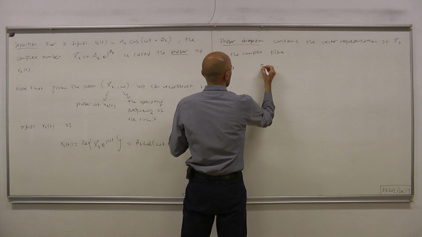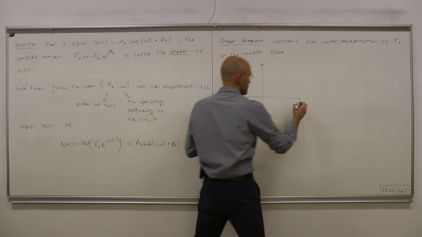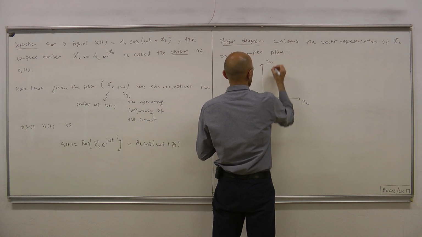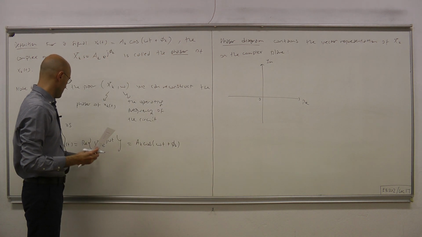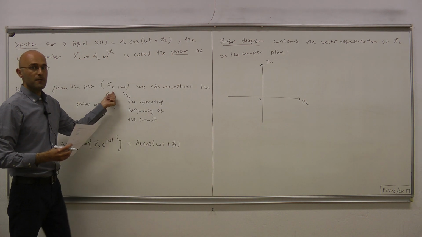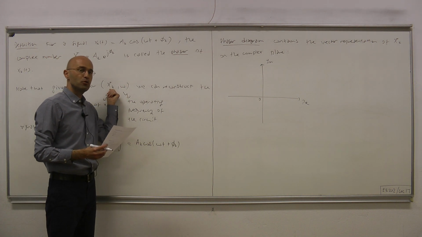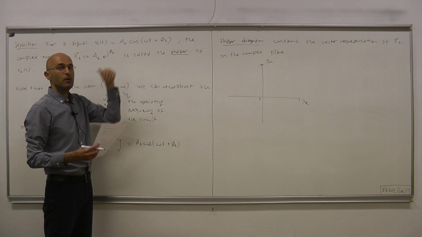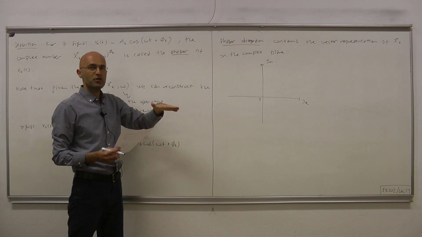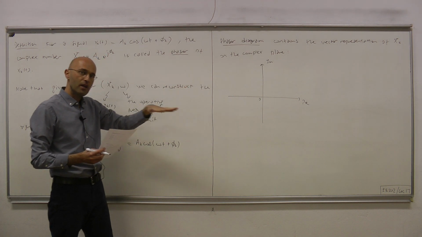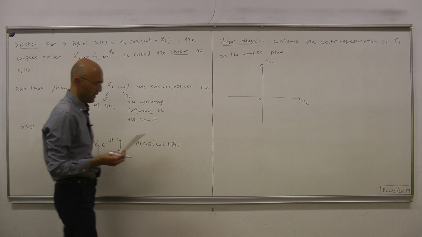On the complex plane, this is the real axis, this is the imaginary axis, this is the origin. You show this phasor as a vector. The magnitude of that vector is ak, and the angle of that vector is phi k. We measure the angle starting from the positive horizontal axis, going in the counterclockwise direction.